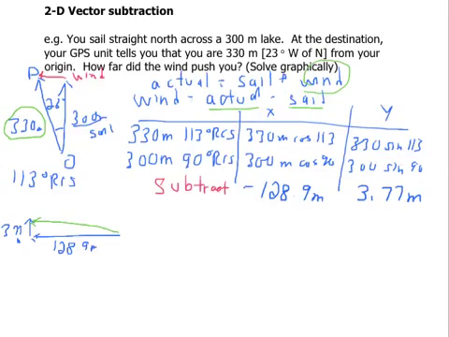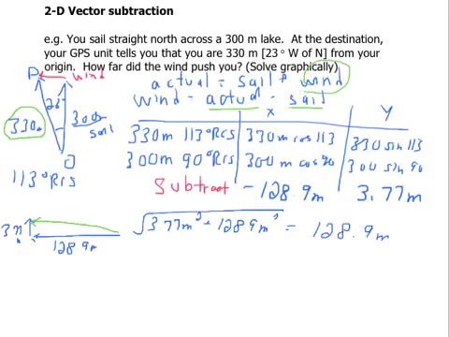So our actual wind vector is the square root of 3.77 meters squared plus 128.9 meters squared. So that becomes, well, there is no big change. It's still 128.9 meters.